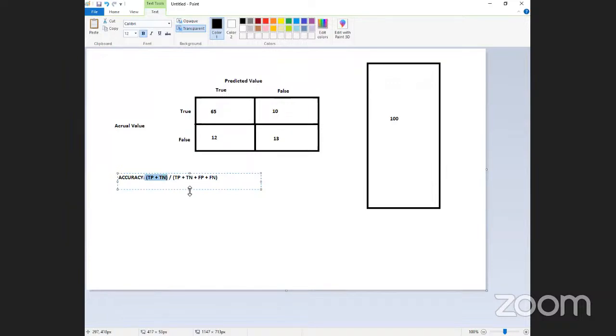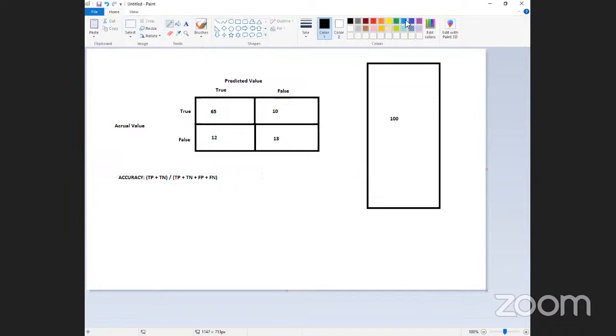True positive plus true negative: the actual value is positive and the algorithm also says positive, then this one, the actual value is false and the algorithm also says false.